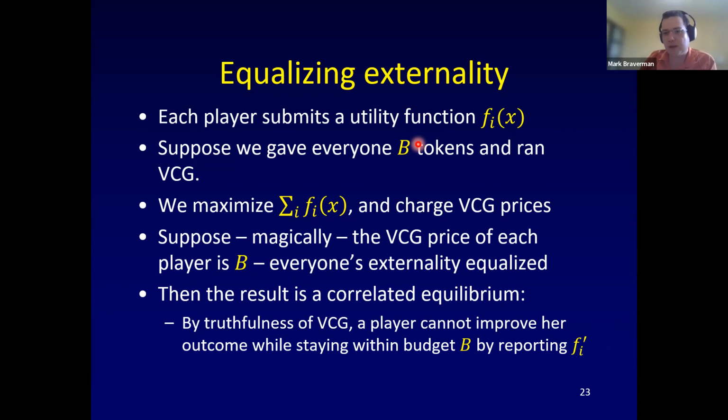There is nothing better that you can do than to report truthfully. This is by truthfulness of VCG, even though this is not real money, because all we need is that you cannot simultaneously do better and pay less. So if a miracle like this occurs, we get a correlated equilibrium without money that achieves the nice properties of VCG of being truthful, at least in the correlated equilibrium sense.